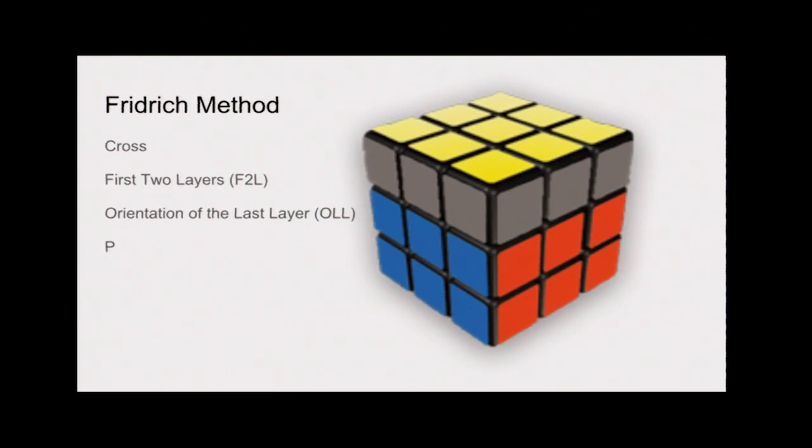And I use algorithms to, so there are 58 different cases that you can get, one of which is when the orientation of the last layer is already done. So there are 57 different algorithms that you can memorize to solve the orientation of the last layer. You only need like 1 or 2, but the more you memorize, the faster you can go.